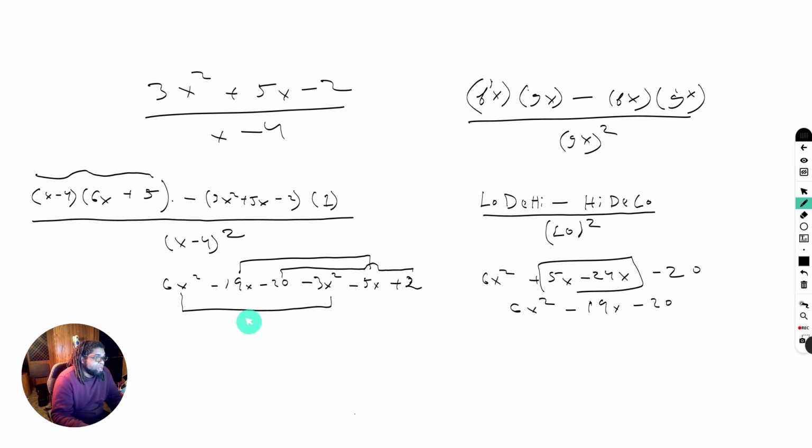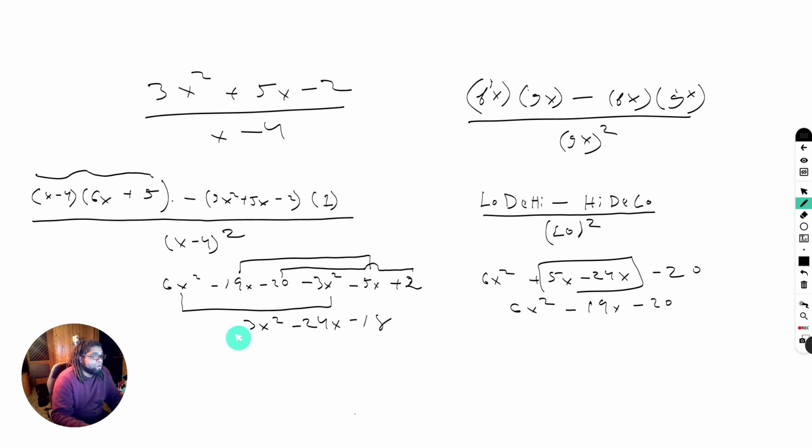6 minus 3 is just going to give us 3x squared, negative 19x minus 5x is going to give us negative 24x, and then negative 20 plus 2 is going to give us negative 18.